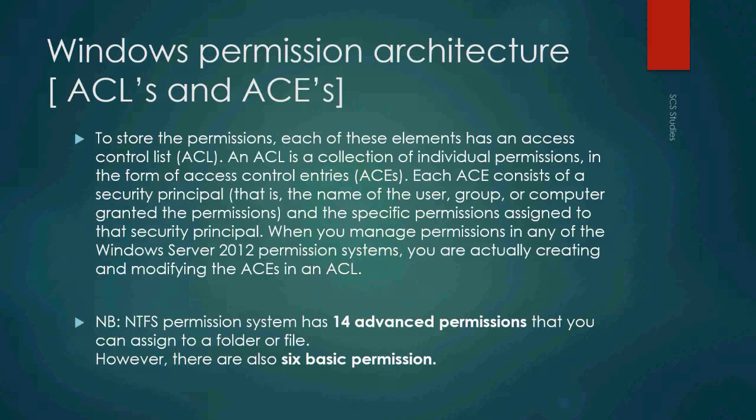In our practical class, we are going to view whether in advanced we have 14 permissions or not, and in the general default setting we should have 6 basic permissions for the NTFS file system.